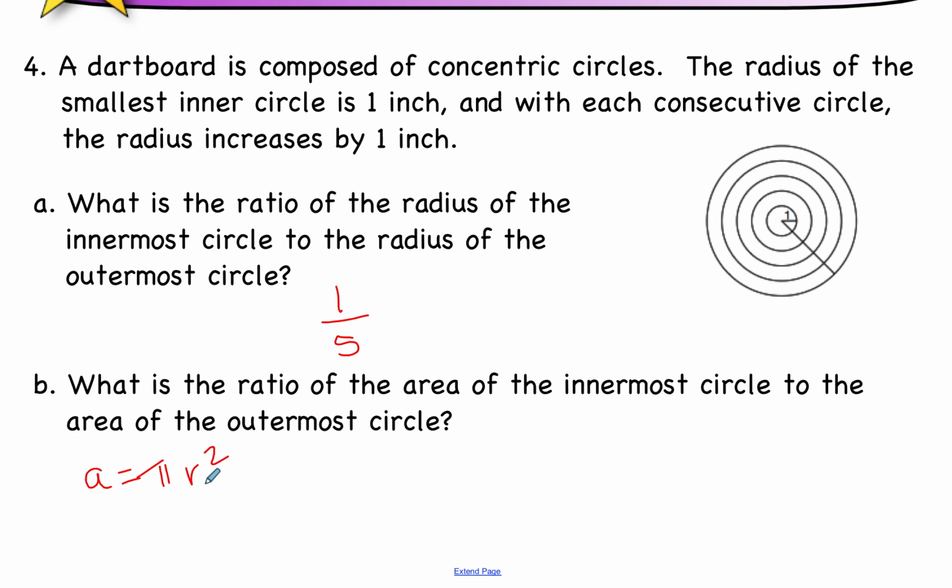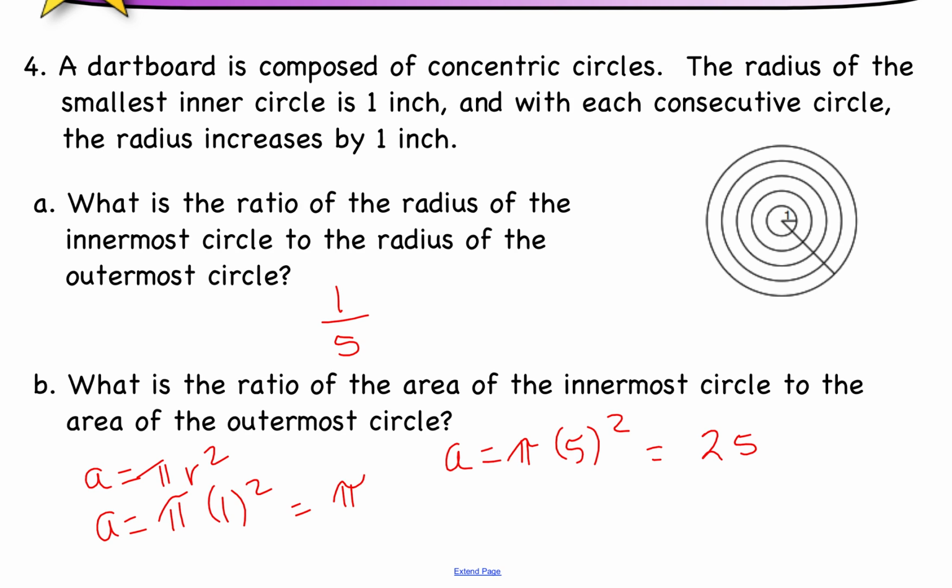So the innermost circle, its area would be pi times 1 squared, which would be pi. How about the outermost? Its area would be pi times its radius 5 squared, which is 25 pi. So we want to know the ratio of the area of the innermost circle, 1 pi, to 25 pi.